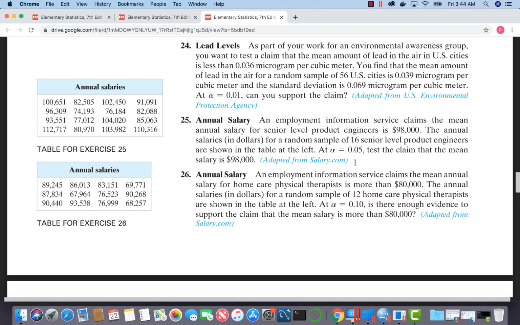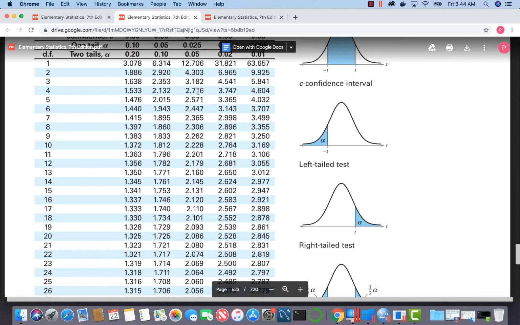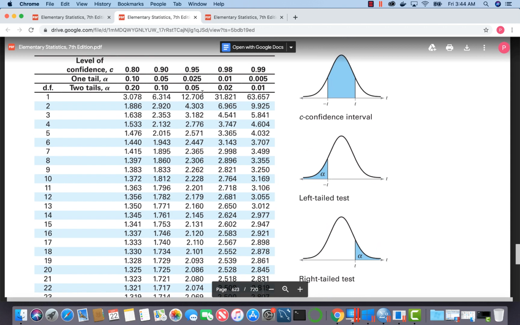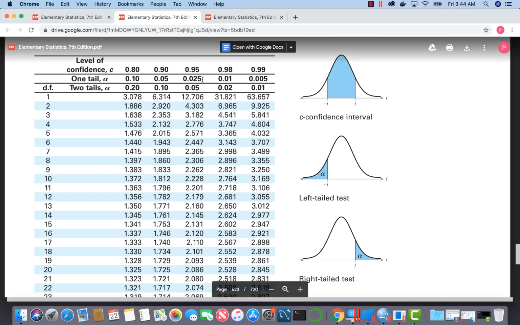So the degrees of freedom, n minus 1, is 15. 15 degrees of freedom and alpha 0.05. And remember, we are doing a two-tailed test. So the area on one tail is actually half of that 0.05. It's 0.025.